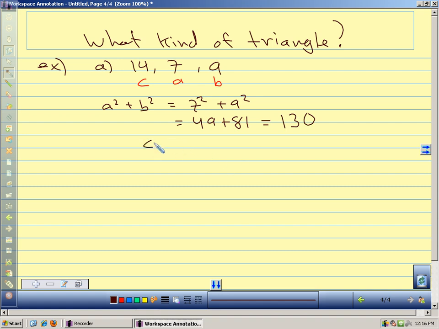C squared is 14 squared. And when I square 14, I get 196. So C squared is greater than a squared plus b squared. So what kind of triangle is this? This is obtuse.